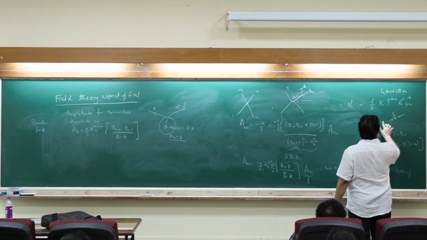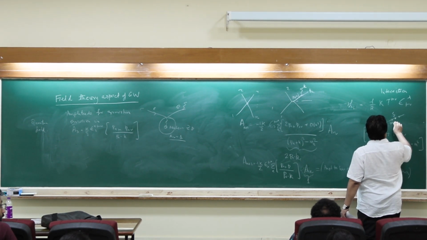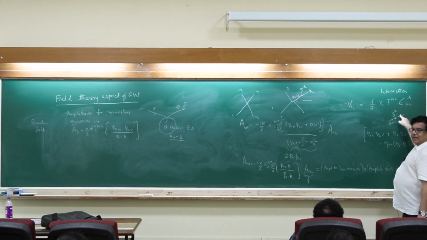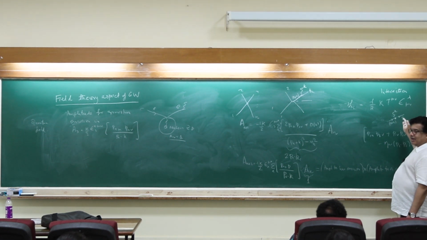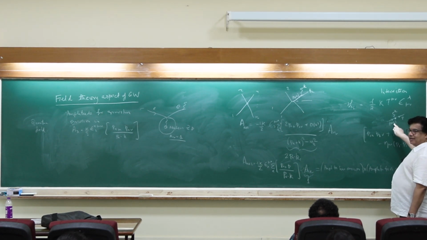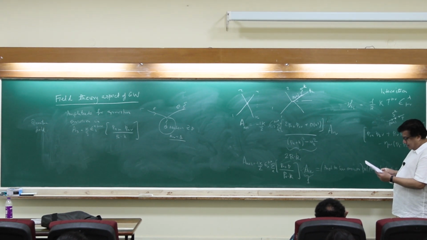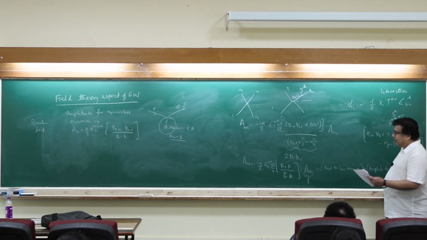In this process, for instance, you write P plus K as my incoming and P as outgoing and K as a graviton, and use the formula which I wrote for P1, P2, where P1 you can write as P plus K and then you take K to 0. I wrote the T mu nu for a P1 to P2 process.